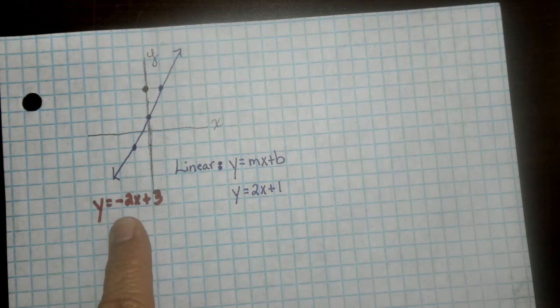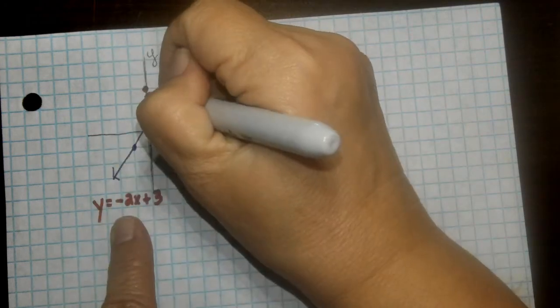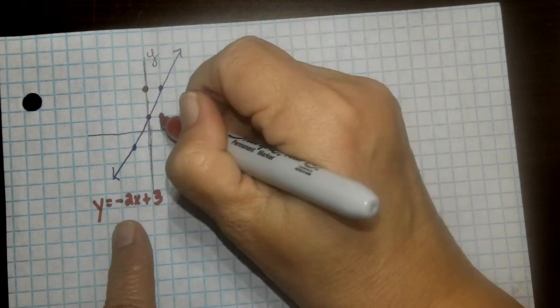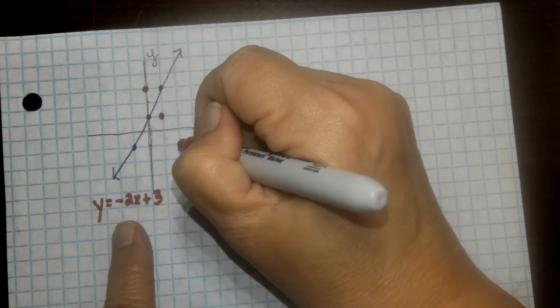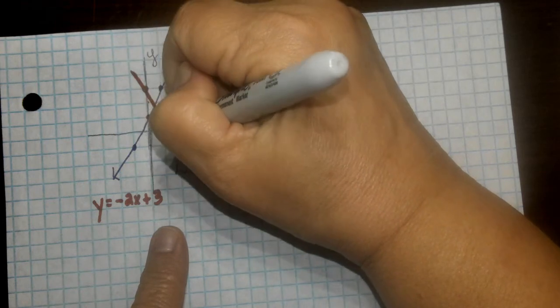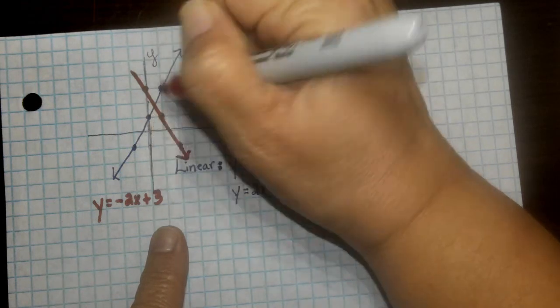Negative 2 is my slope. Because this is negative, I'm going to go down. So I go down 1, 2, and over 1. Down 1, 2, and over 1. And this is my line for this equation.